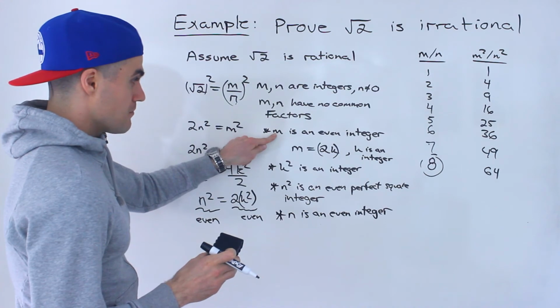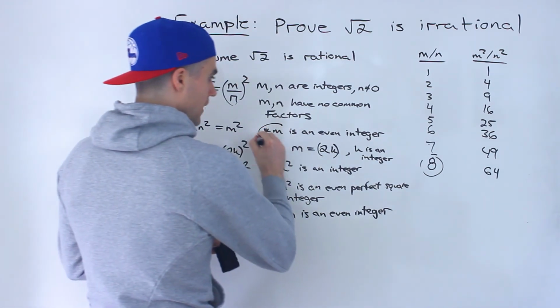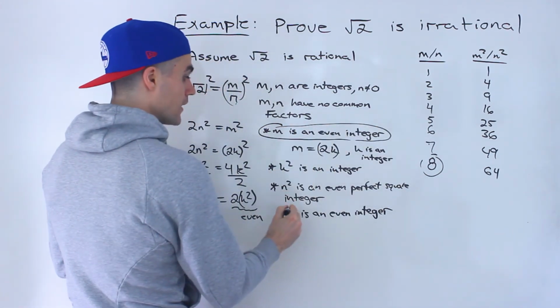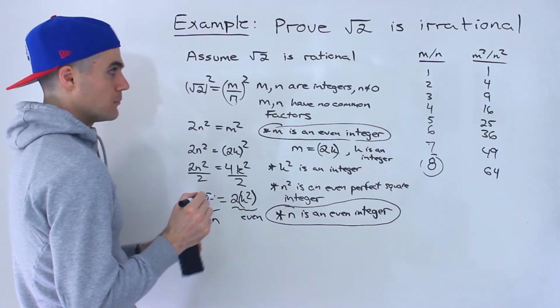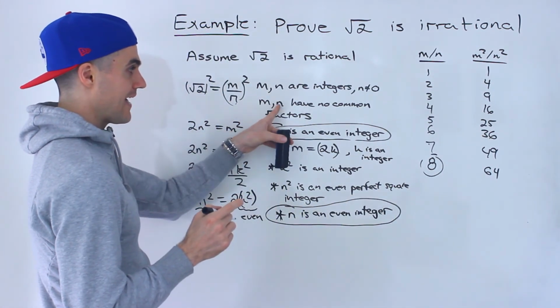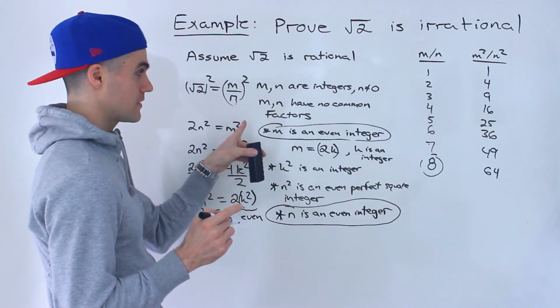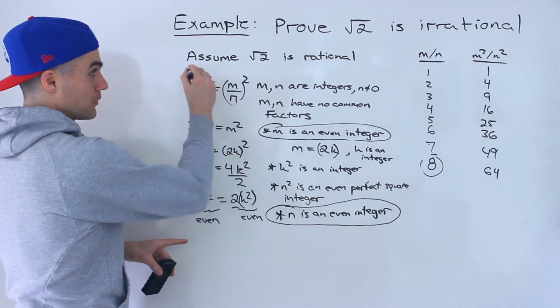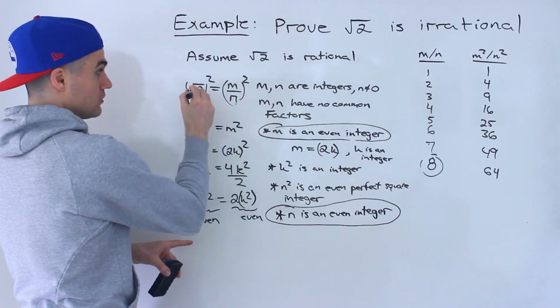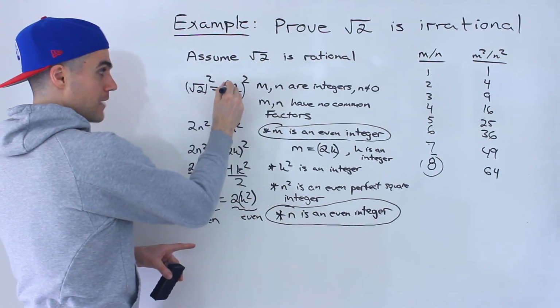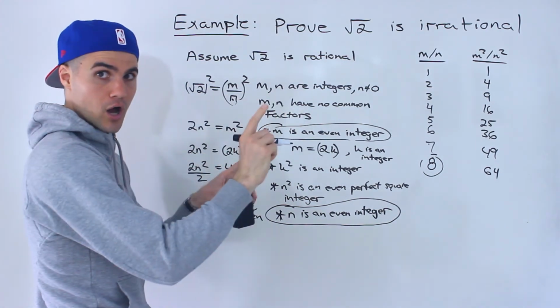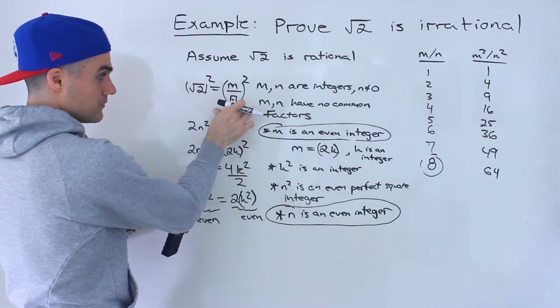Well, we showed m is an even integer, and then we showed n is an even integer. But we assumed at the beginning that m and n have no common factors, when we assumed root 2 is rational, which means root 2 is m over n, where m and n are integers and they have no common factors. This was in lowest form.